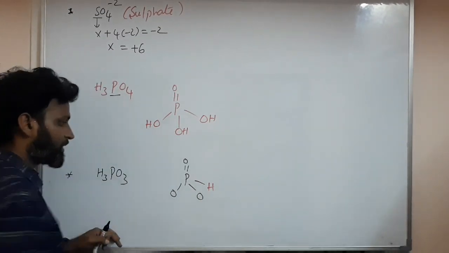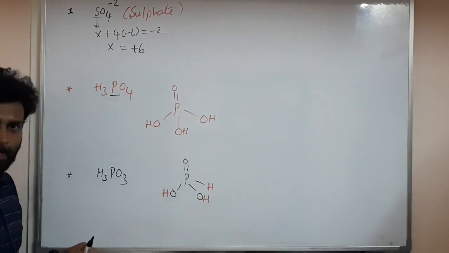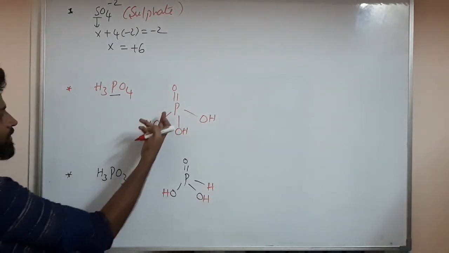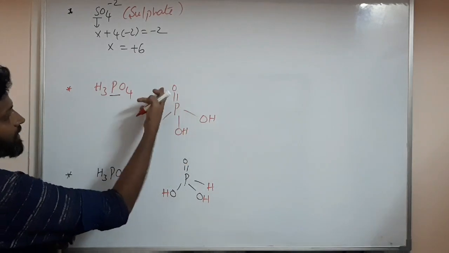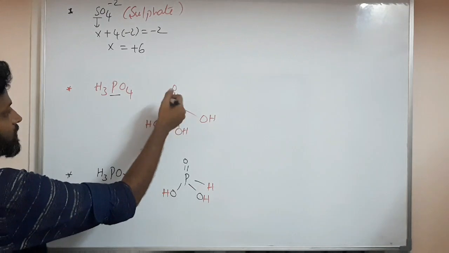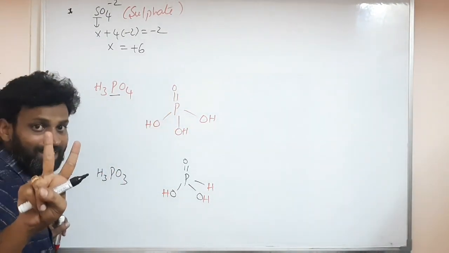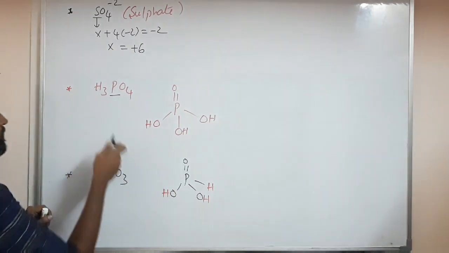So here hydrogen remains directly, so here 2 hydrogens as OH, OH. Whatever, all oxygens here are either double bond O or OH. I told you clearly: oxygen as double bond O, oxygen as OH, the oxygen oxidation state is -2. Got it?